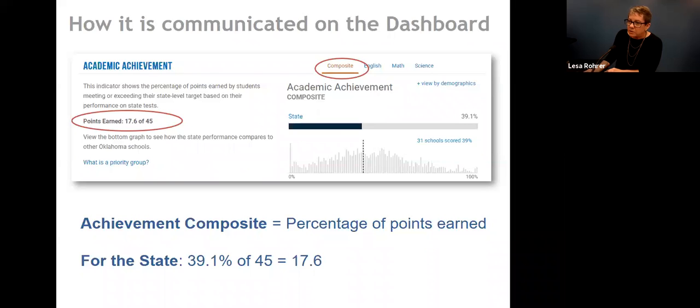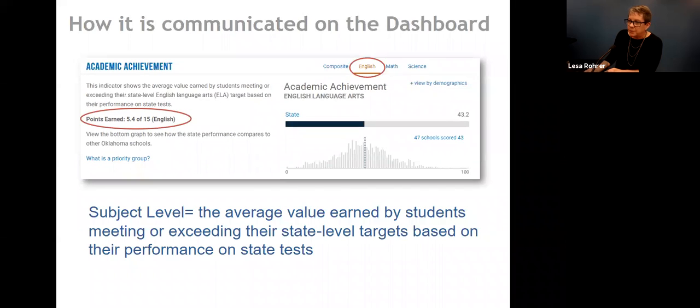Now, I can also filter by subject level because I want to know what that is too. Notice that my percentage disappears here, and that when I do the math, 43.2 is not 5.4 points, because this number is really the average value earned by students meeting or exceeding their state level targets. This is based on their performance on state tests.